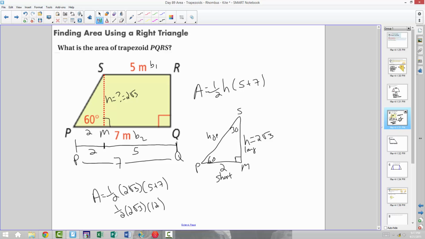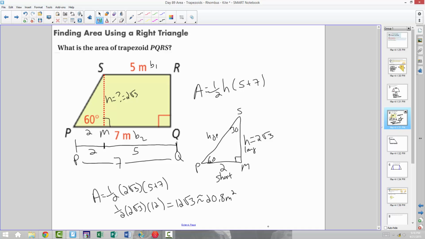So I have half times 2 radical 3 times 12, which gives us 12 radical 3, which is about 20.8 meters squared.